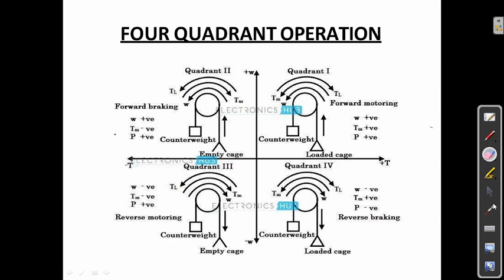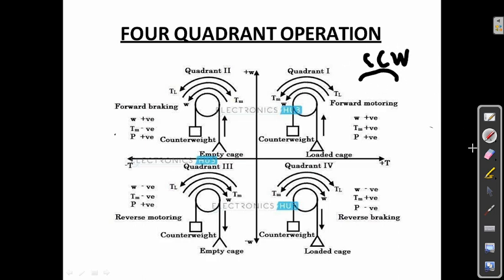Here you can see Tm is the motor torque and W is the speed of that motor. If the torque of the motor as well as the speed are in the same direction, here they are running in the anticlockwise direction.